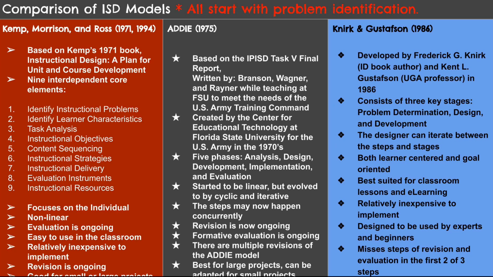It is best suited for classroom lessons and e-learning. It is relatively inexpensive to implement, similar to the Kemp model. It was designed to be used by experts and beginners. The difference between this model and other models is that it misses the steps of revision and evaluation in the first 2 of 3 steps.